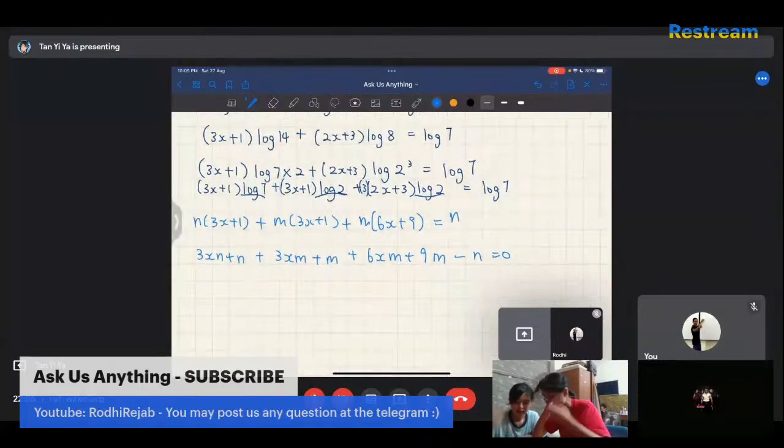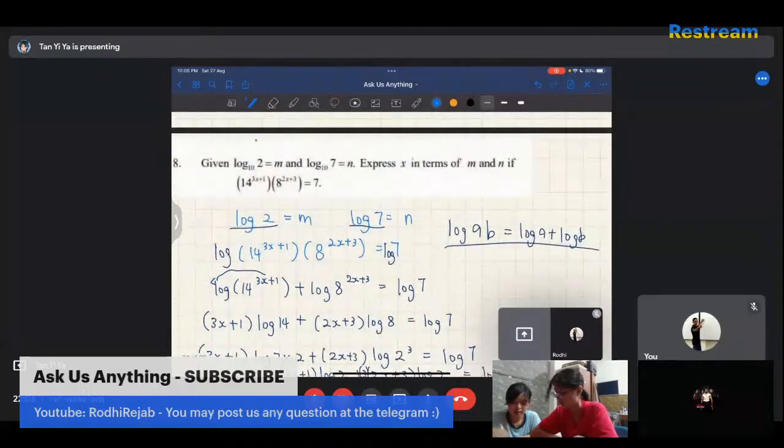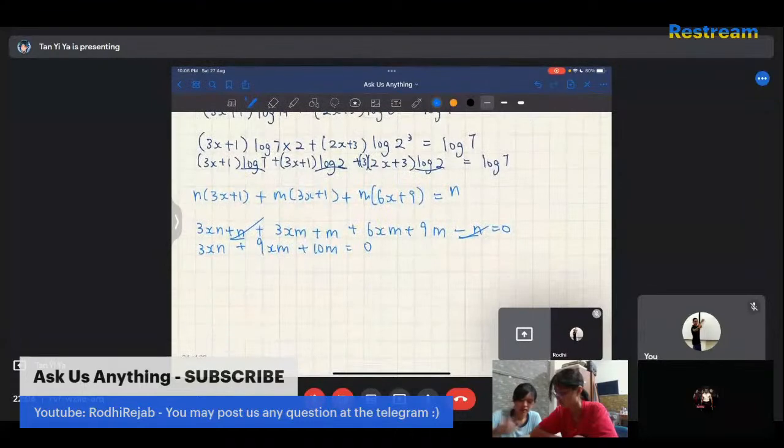Collect like terms. Now I see this one cancels off. Minus m, then m. What do you want again? Express x. So shift this to the other side. 3x n plus 9x m goes to negative 10m.